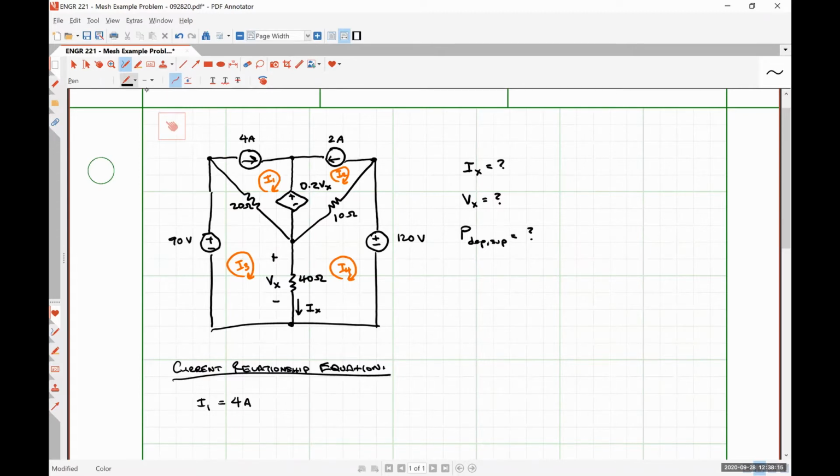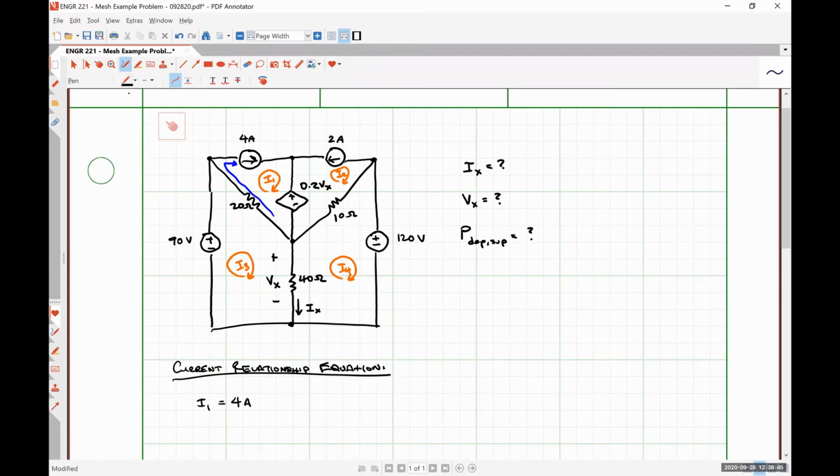As the current I1 goes around this triangular path, it's going to be flowing from left to right as it goes across the top portion of its mesh. That is in the same direction that is indicated by the current source, which is why I1 is directly equal to 4 amps.